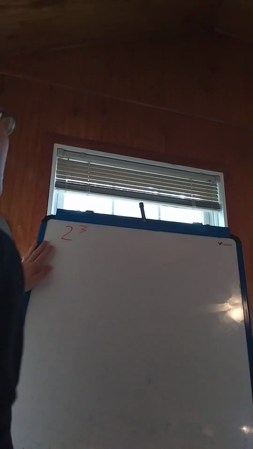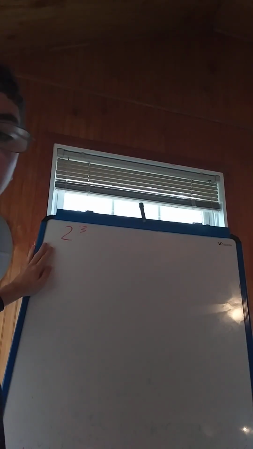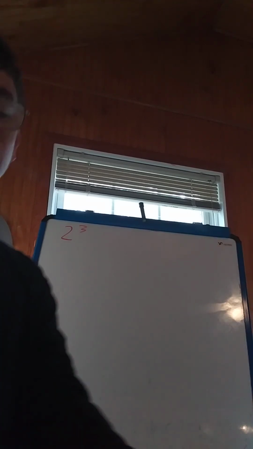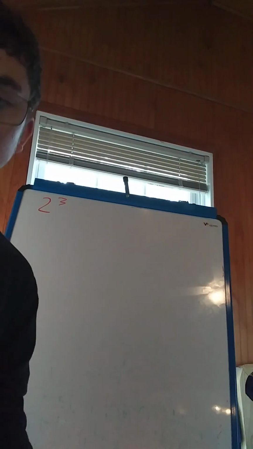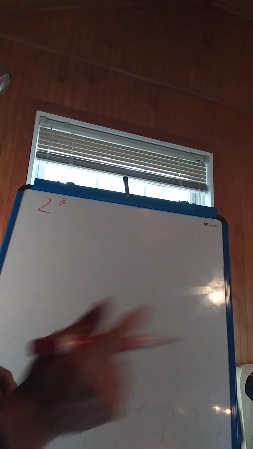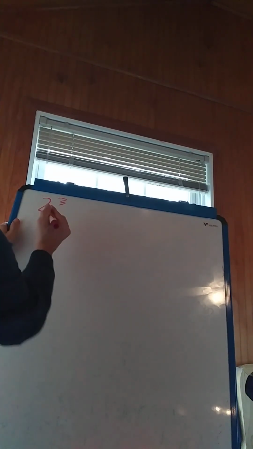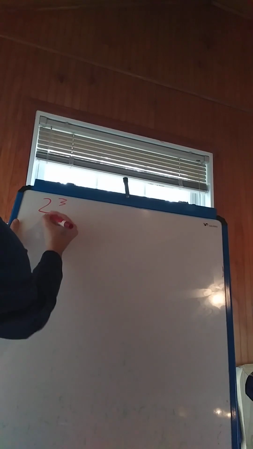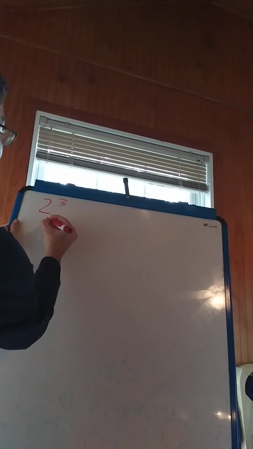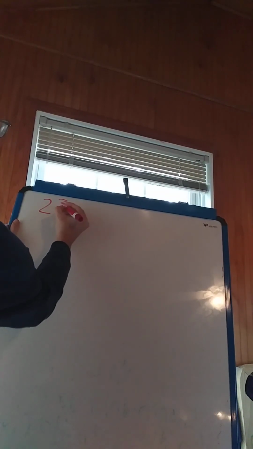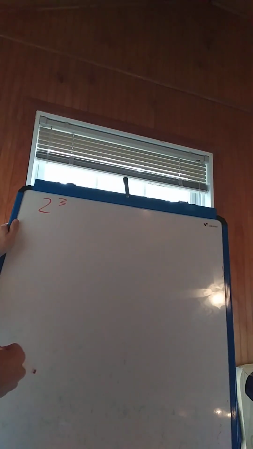This is what an exponent looks like, if you can see it. I'm actually going to move this over here so that you can see the board. You have your regular number, and then you have a little number up at the upper right-hand corner.